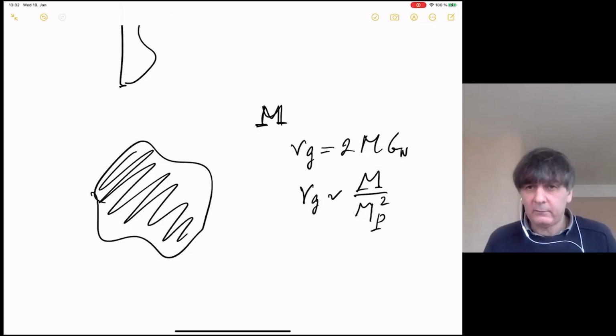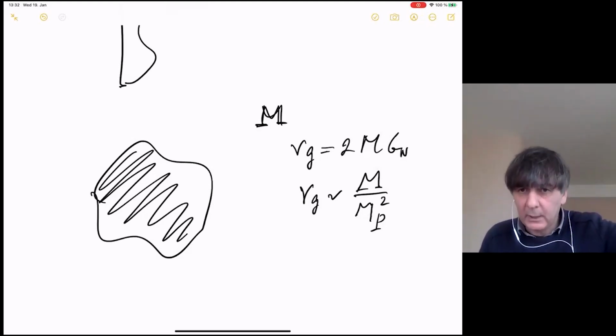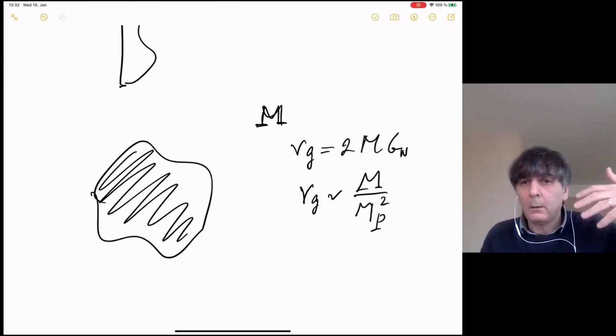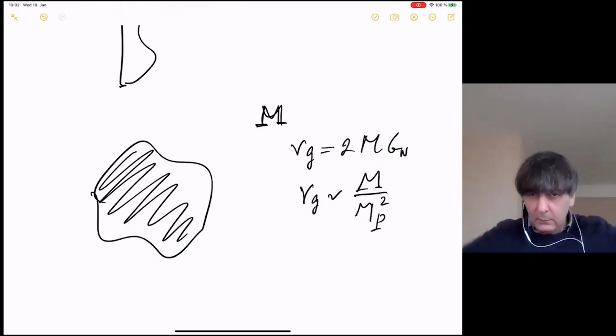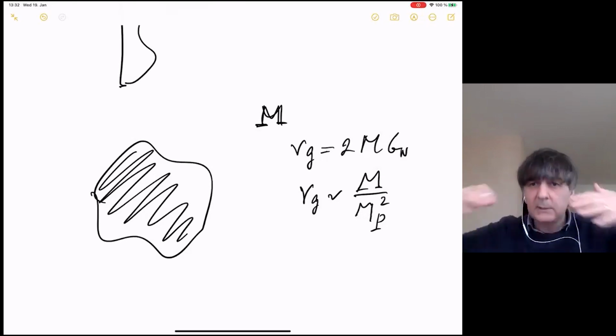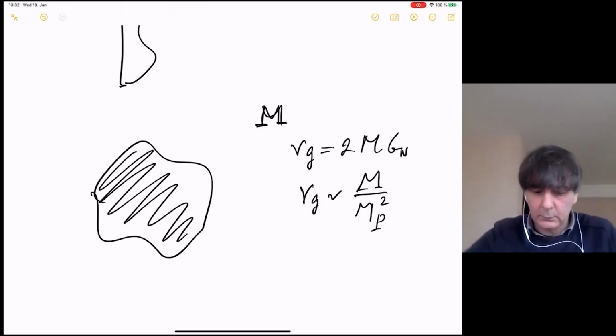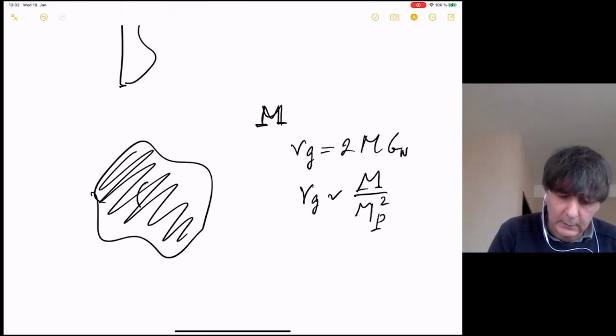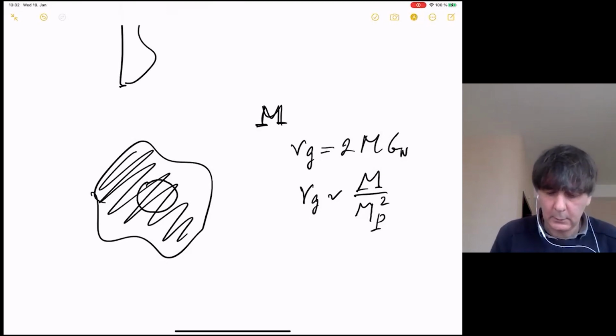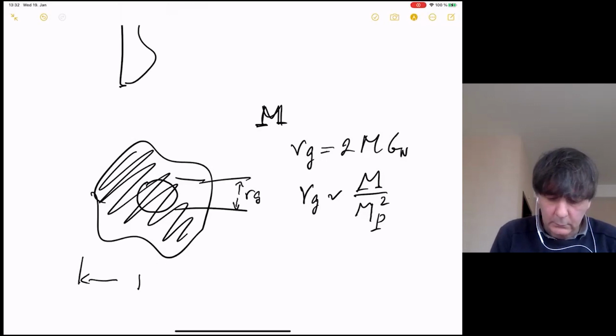So let's take Earth. Earth has a mass which is much higher than the Planck mass, obviously. But Earth is an extended object which is extended beyond its gravitational radius. So here is the gravitational radius of an object, and this is the actual radius.